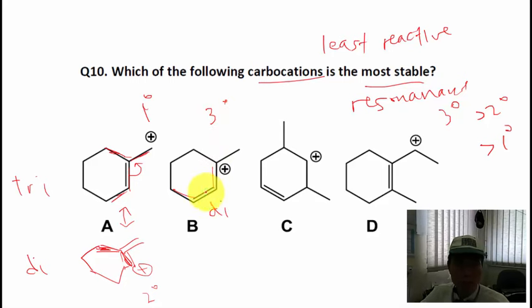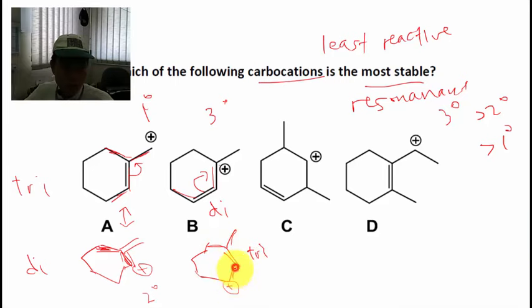When I push the resonance structure, the pi bond and the positive charge exchange places, just like musical chairs. And this becomes a tri-substituted alkene, 1, 2, 3, and this is a secondary carbocation.